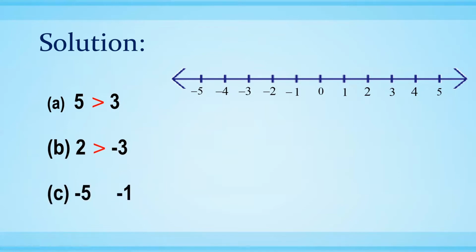But see, I have negative 5 and negative 1. So negative 5 is found to the left of negative 1. So negative 5 is going to be, can you guess? Yes, it's going to be less than negative 1.